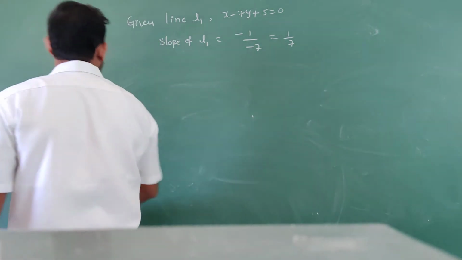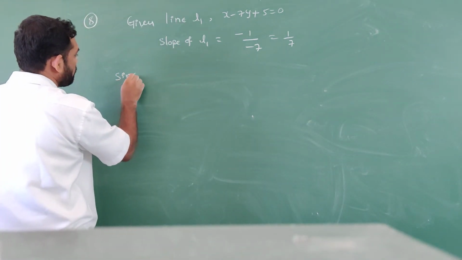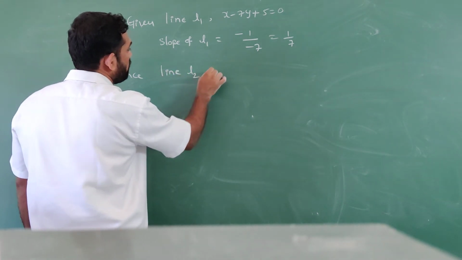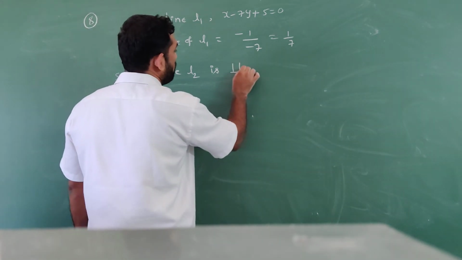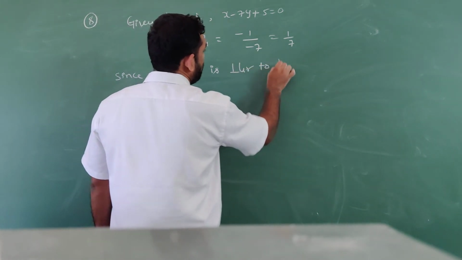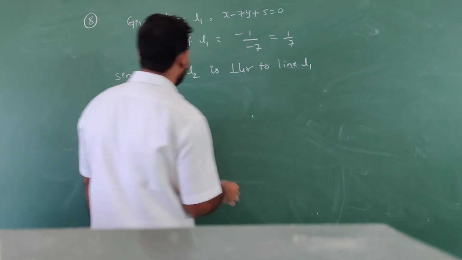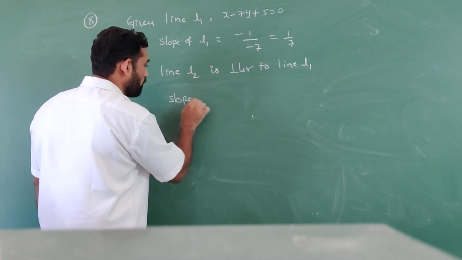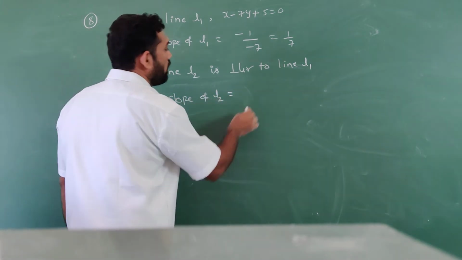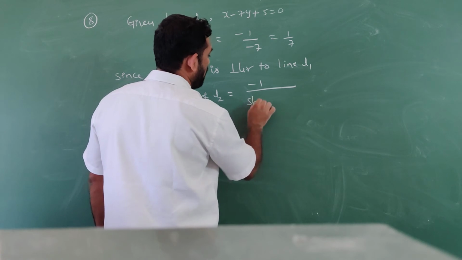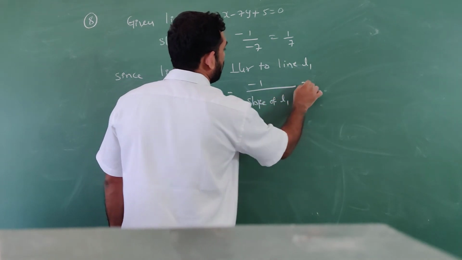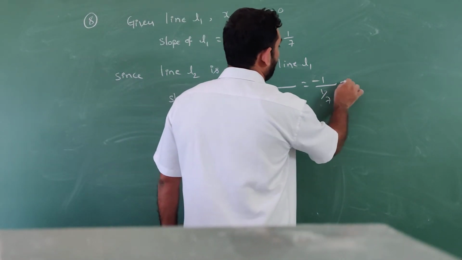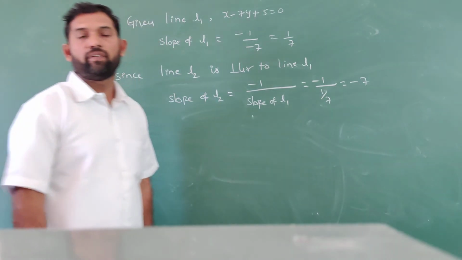Since line L2 is perpendicular to line L1, the product of the two slopes is equal to minus 1. So the slope of L2 is equal to minus 1 by the slope of L1. Minus 1 by slope of L1 is what? 1 by 7. Simplified, what are we getting? Minus 7.